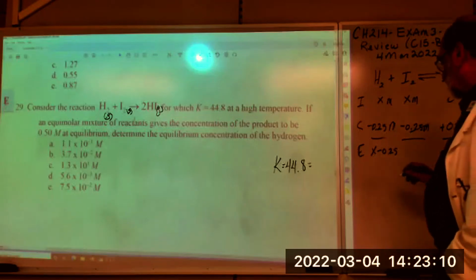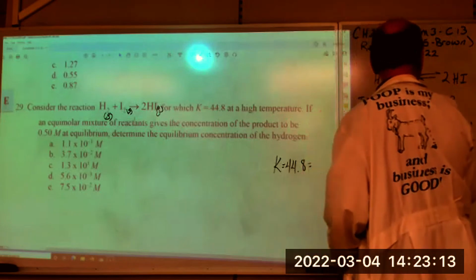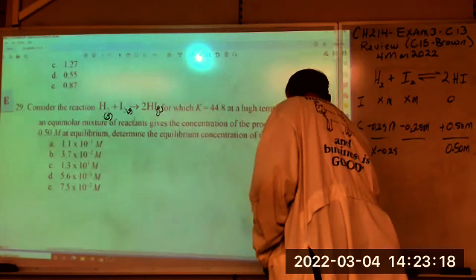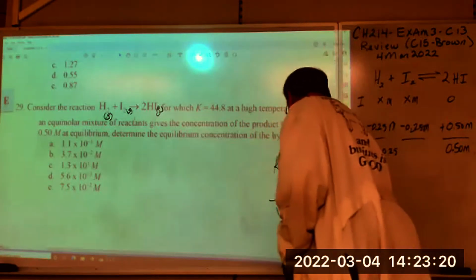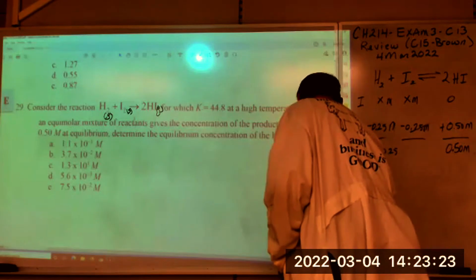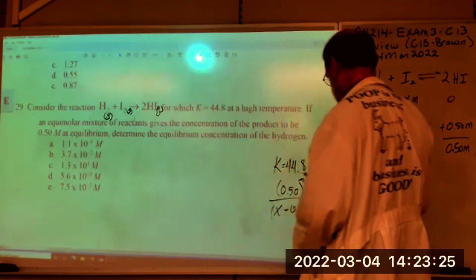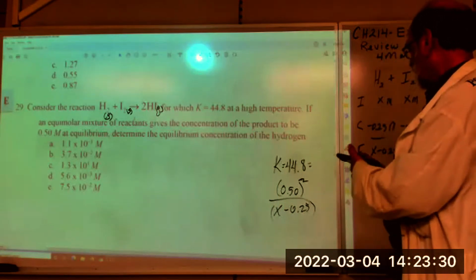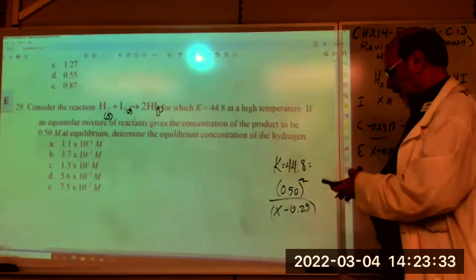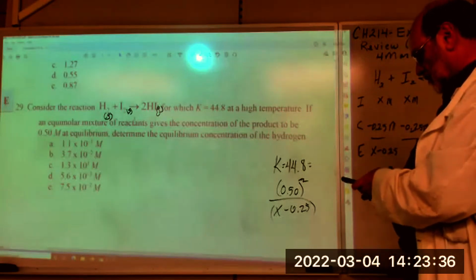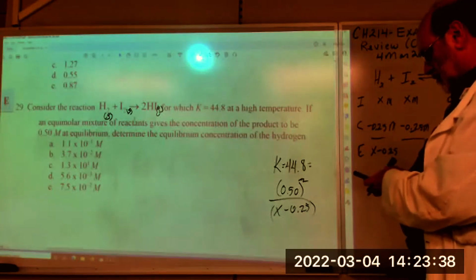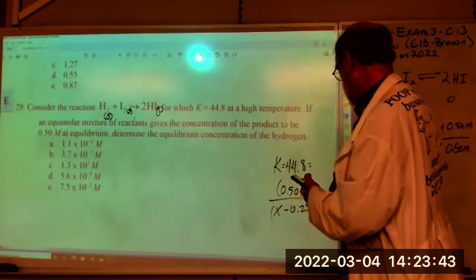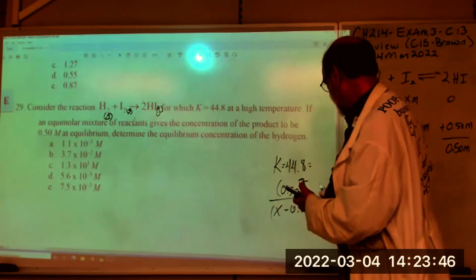Well, yeah, this would be equal to 0.5 squared divided by X minus 0.25 to the first power. So that means 44.8 would be divided by 0.5 squared. Okay. And then this is still in the denominator.